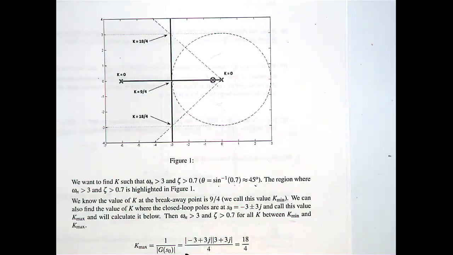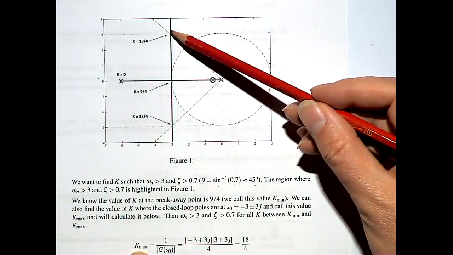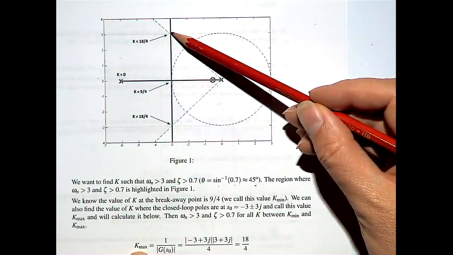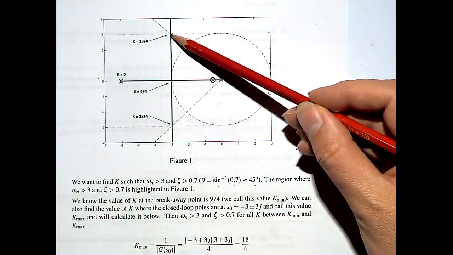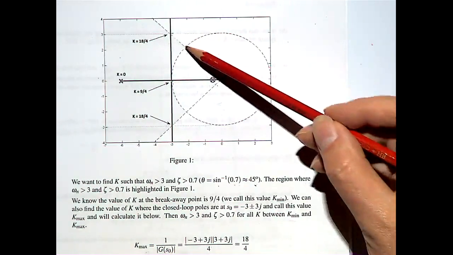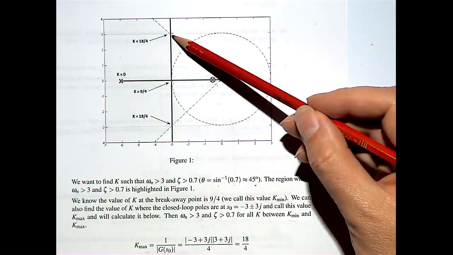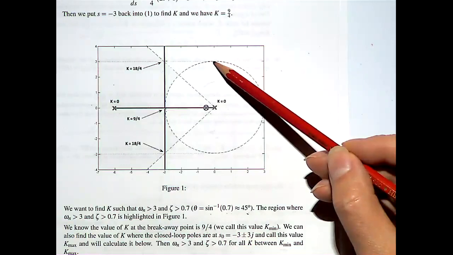Now, how do we calculate the maximum gain corresponding to this point here? Well, we need to substitute this value of s into the transfer function, find the magnitude of that, and the inverse of that would be the gain, K max. So what is this point? Well, this angle here is 45 degrees. So basically, what would be the imaginary part of that point?